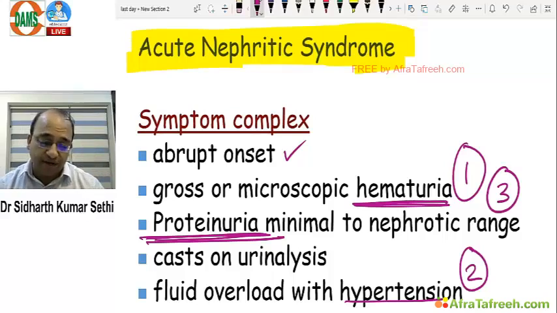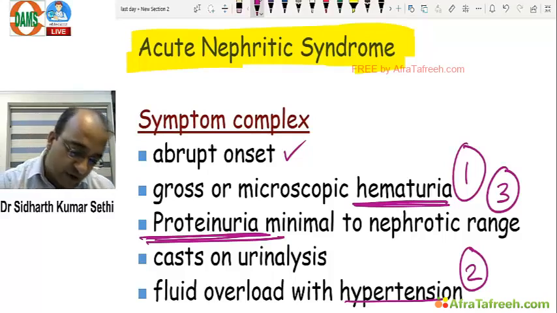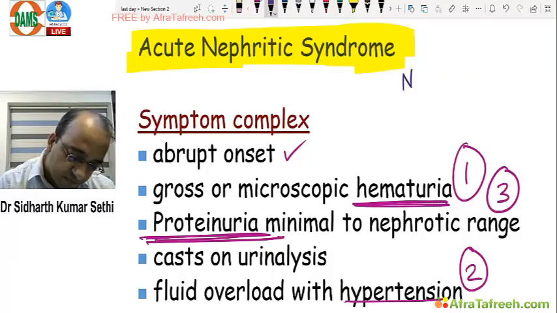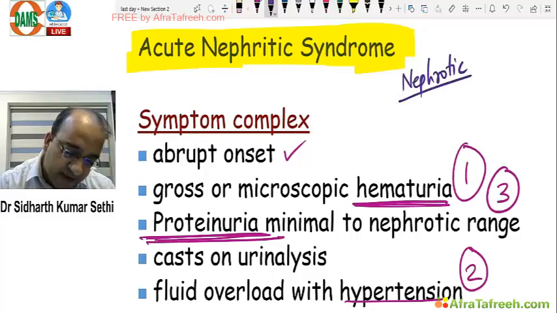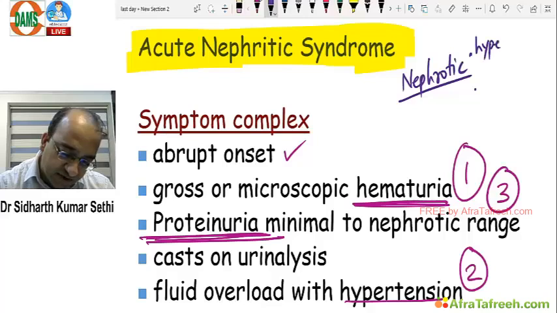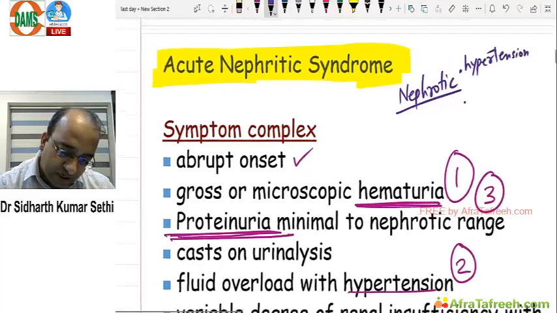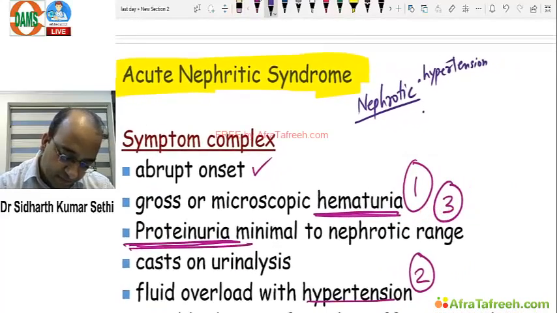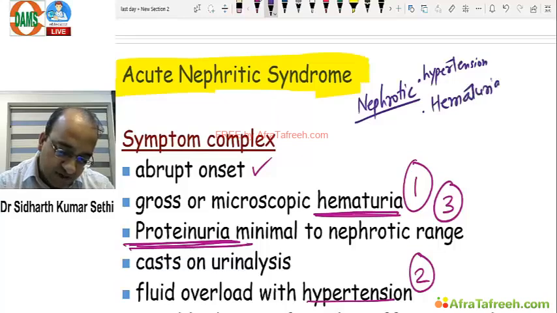This is not nephrotic. We'll take a grand round on nephrotic also someday. In nephrotic syndrome, please remember that hypertension in children is rare, and so is gross hematuria.